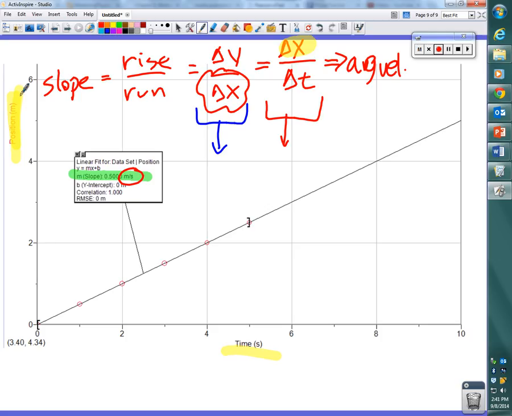Meters. And then on the x-axis, what unit are we measuring in? Seconds. So if we apply just units to this, we end up with meters per second, which we know is the unit that we use to measure velocity. Okay? So that's why this graph in particular makes that jump, because when I put the data in, I told it that it was meters on the y-axis and seconds on the x-axis.